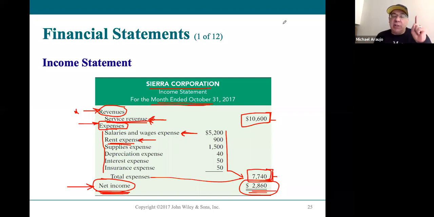So whether it's a sole proprietorship with only one owner and that company has a profit, it all belongs to that one owner. Here, because we're looking at it from a corporate perspective, the owners of the corporation are called shareholders or stockholders. Shares of ownership and stock mean the same thing. They are the ones who own the profit.